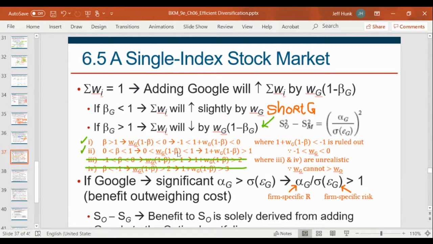So if this is negative, right? One plus beta adjusted weight of Google will be between -1 and 0.